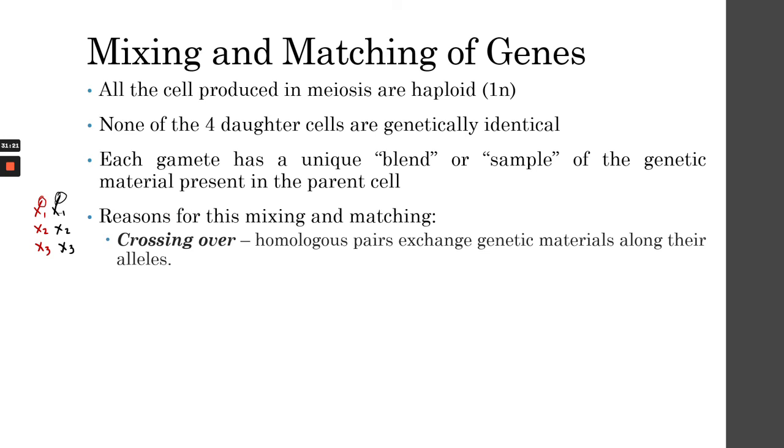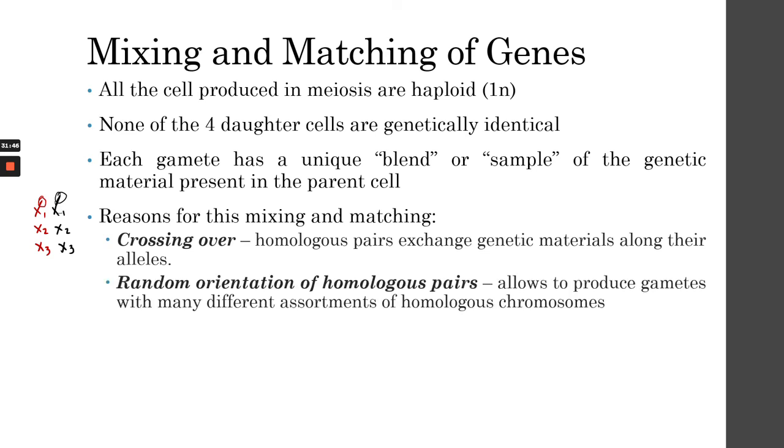So no matter which sperm or egg cells you get, you're still gonna end up having eyes. So that's what crossing over is. They just switch on the same alleles or the same gene that code for the same thing.